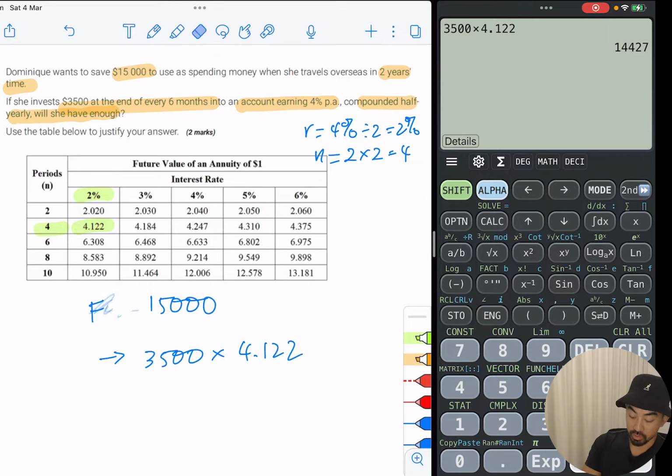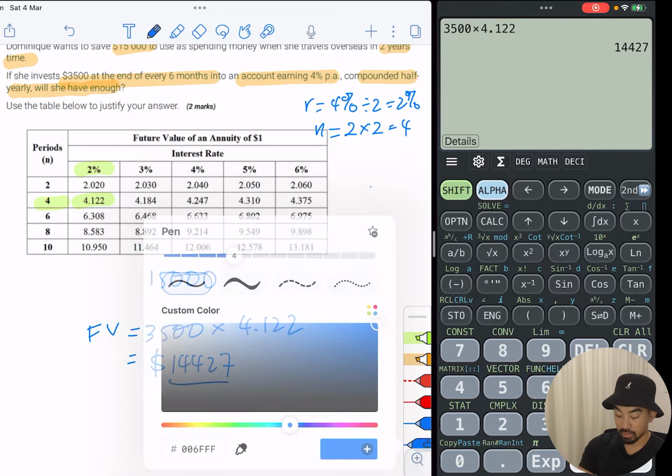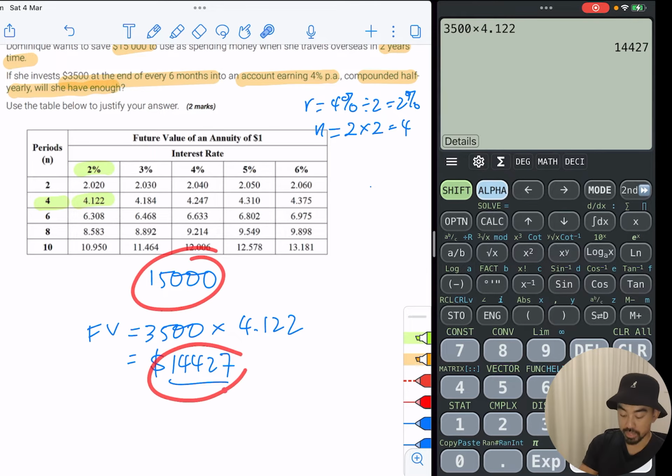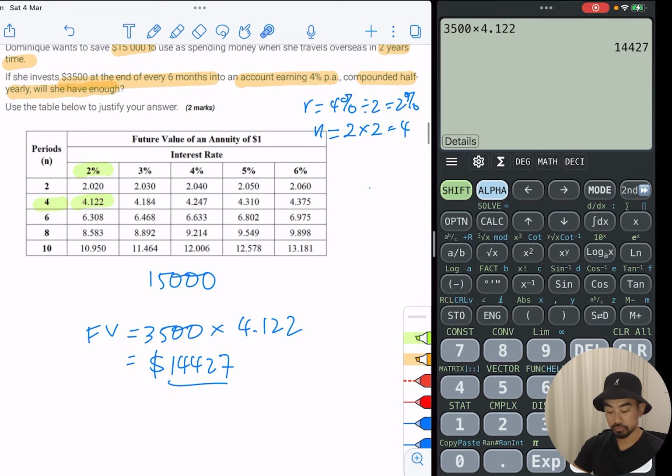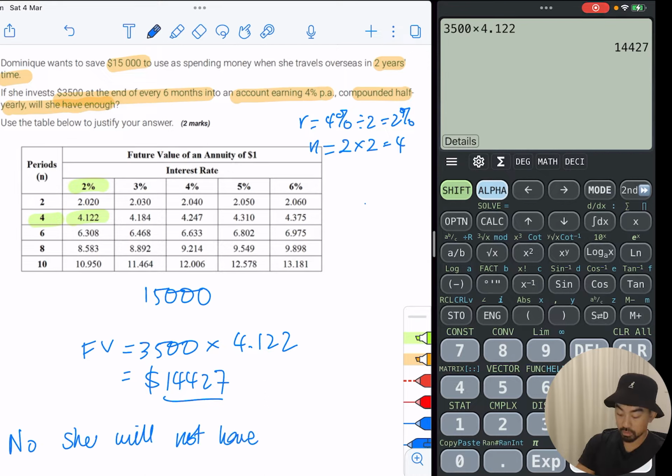She actually wants $15,000, so this is going to be a future value. $14,427. So as you can see, she's going to fall short by this minus that. Okay. So no, she will not have enough.